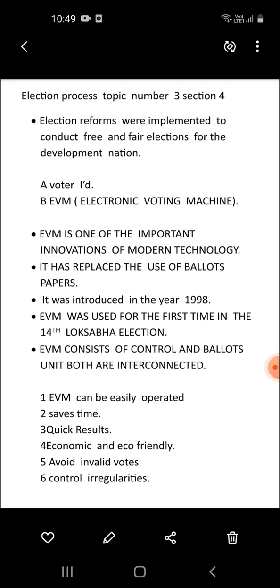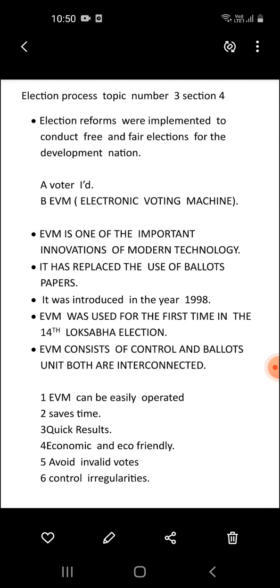It is an official document issued to all the eligible voters of India, and it consists of information about voters like voter's name, age, photo, gender and address.